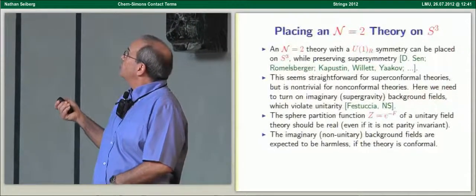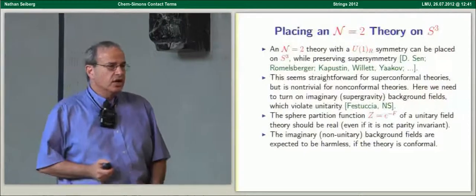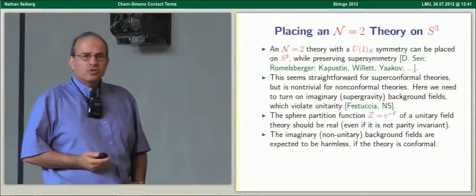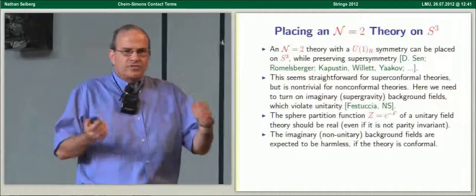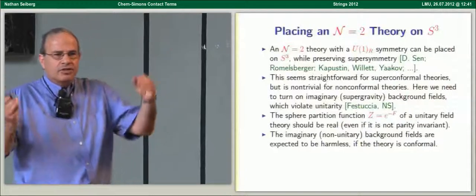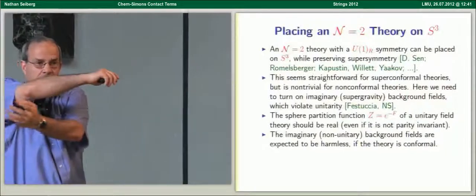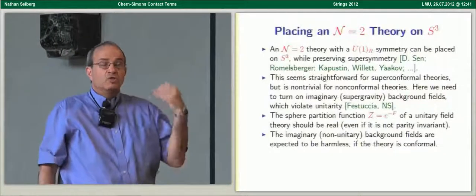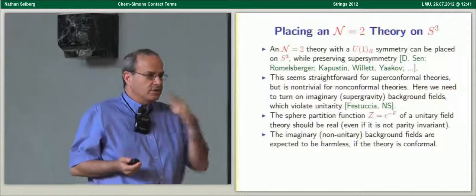So let's go back to the sphere partition function. Imagine we preserve unitarity. The sphere partition function has to be real. It has to be real even if the theory is not parity invariant. And the argument for that is very simple. For every configuration in the functional integral, there's another configuration obtained by reflecting the original configuration. The two actions of the original and the reflected configurations do not have to be the same.